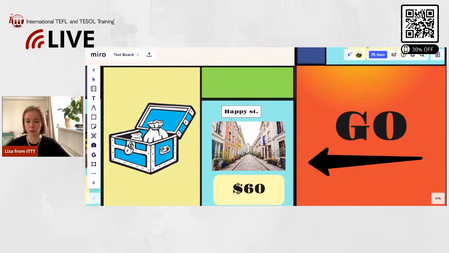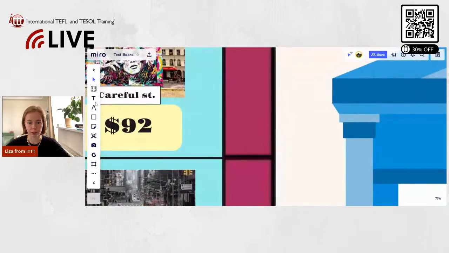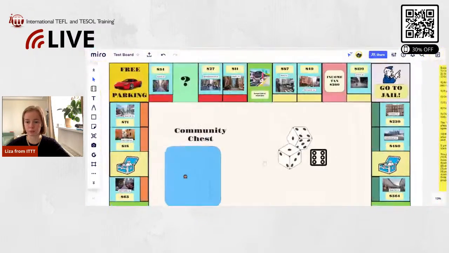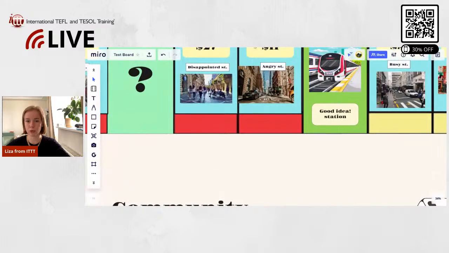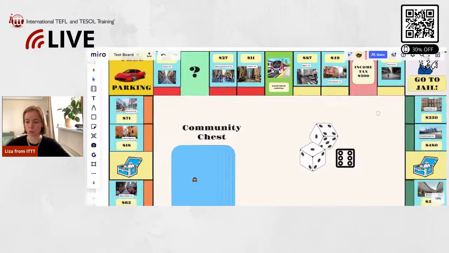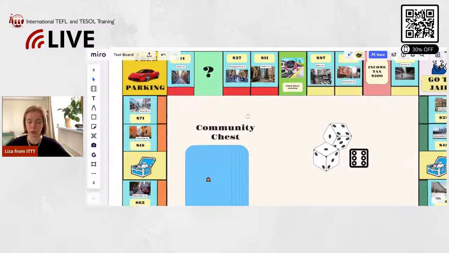For example, this one is a happy street, then a careful street. So various names using different adjectives, because I wanted to focus this lesson on the vocabulary we've been learning with my intermediate level student.